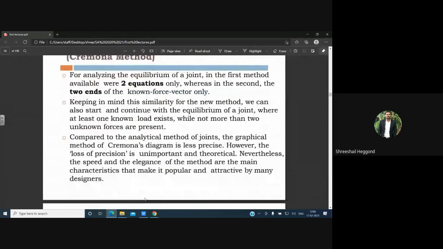For analysis of the equilibrium of a joint, in the first method we had two equations only, whereas in the second method we had the vectors of the known force completely determined, and then those values will be found out in the graphical method.